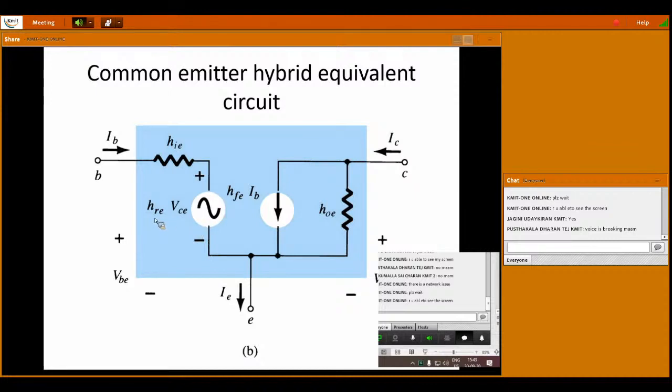The voltage source magnitude is equal to HRE into VCE, where HRE is the reverse voltage gain and VCE is the output voltage of the common emitter configuration. Next, we replaced the output with a current source HFE, the forward current gain, into the input base current, in parallel with an output admittance H0E.